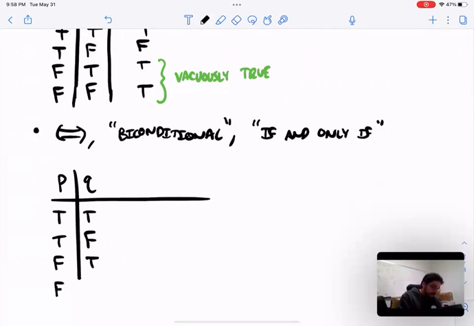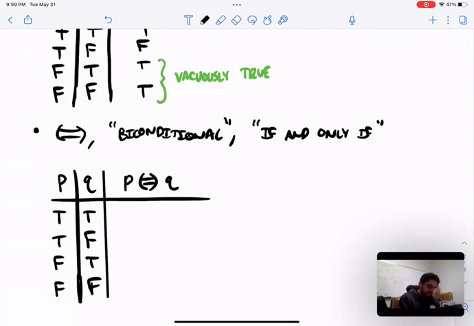You're saying, does the first cause the second, and does the second cause the first? Right? So this is sort of like equals in logic, right? You're saying, are the two statements equal? Are they equivalent? If they're both false, then you could say they're equivalent. If they're both true, you could say they're equivalent.